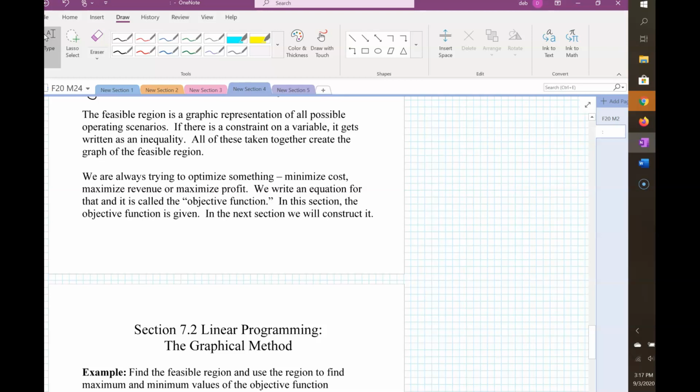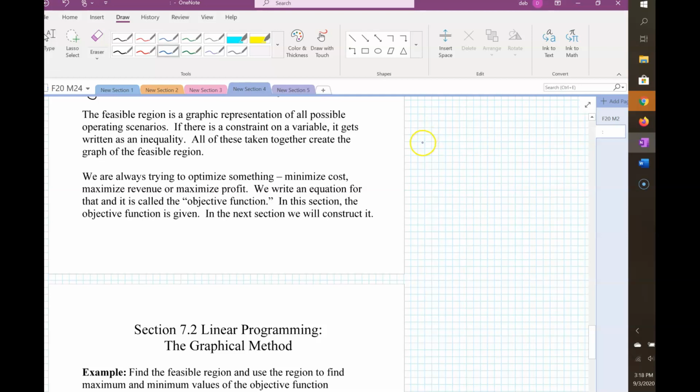So the feasible region is a graphic representation. So that's a fancy way of saying it's a picture of all the possible operating scenarios. If there's some kind of a constraint on a variable, a limitation, a condition, a requirement, it gets written as an inequality.